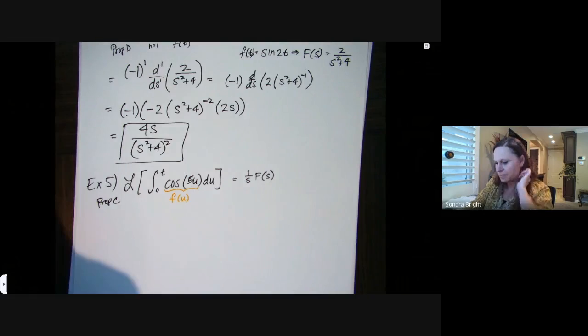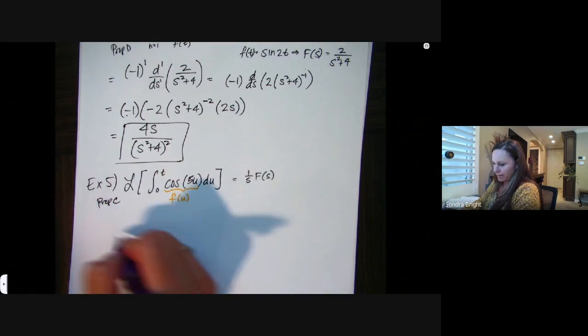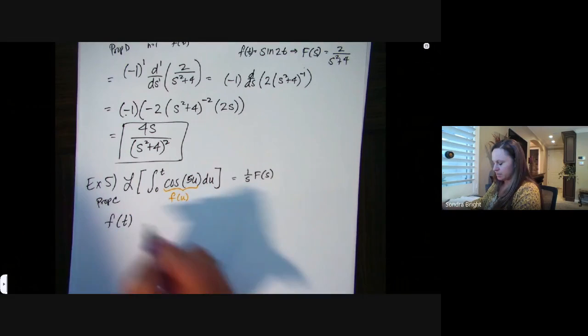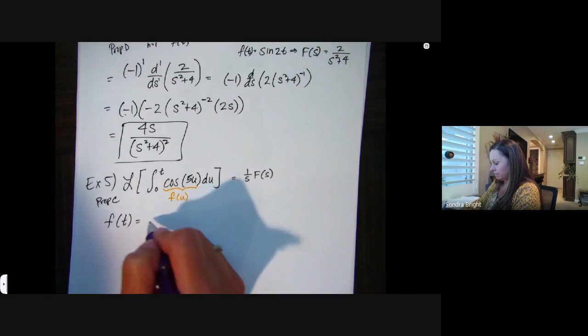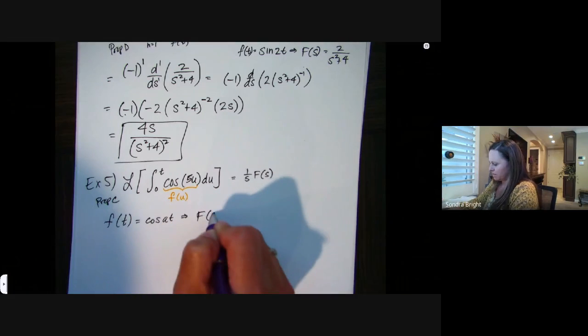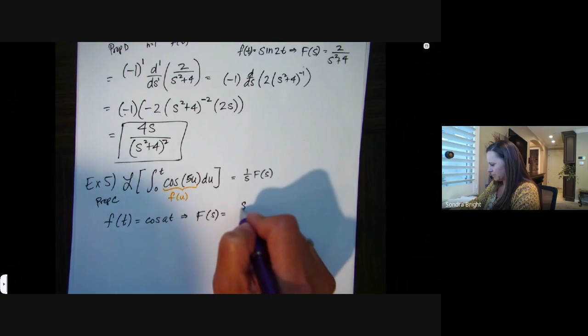If you remember that when f of t was cosine of at, then big F was s over s squared plus a squared.